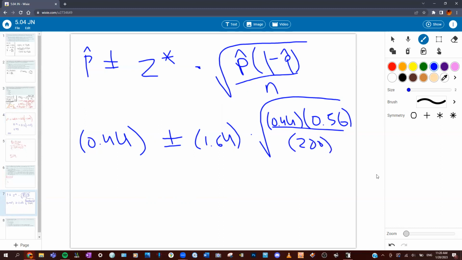And so basically, I hope you know how to type something in the calculator. You would do it one time with the plus, one time with the minus. So when it's the plus, we will say U, and then we'll say L for when we did minus. When it's the upper one, we see that it's 0.498. When it's the lower one, 0.382. So we are 90% confident that it's between 0.382 and 0.498.